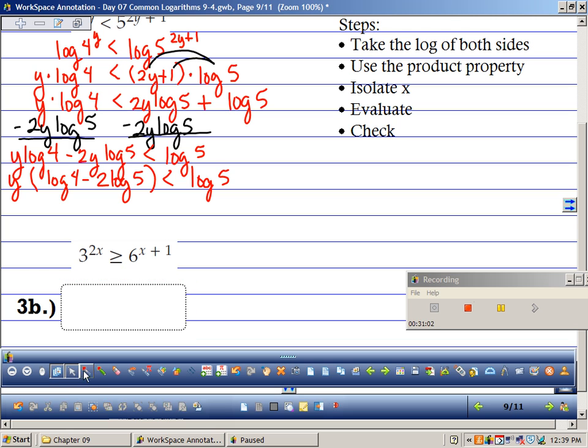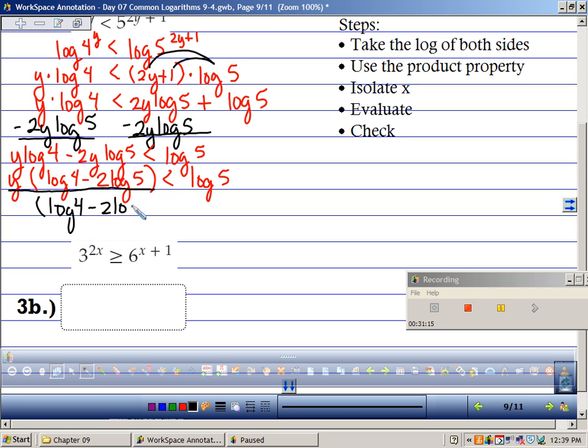Okay, so now I want to solve for y. Divide all of this by log 4 minus 2 log 5. This is all calculator work right here. y is less than that.